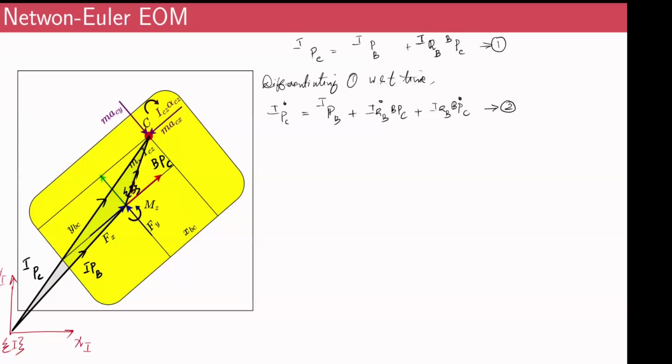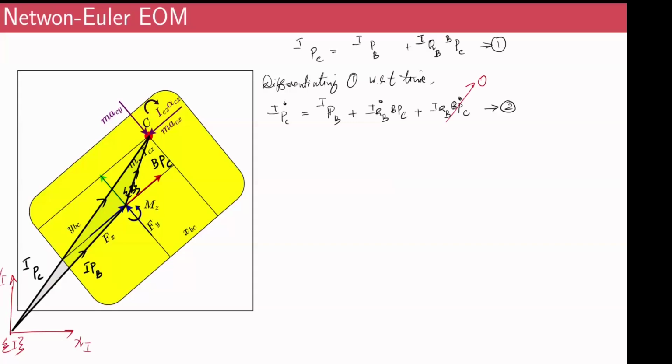So the derivative of that with respect to time, BPC dot, is going to be 0 since it's a constant vector. So this becomes 0. That's how we establish that.